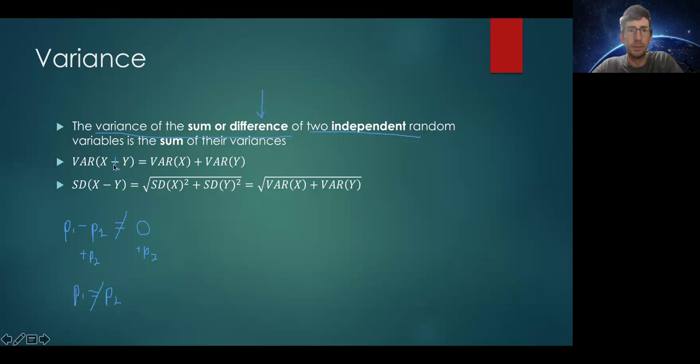Whether you're adding them together on the inside or you're taking the difference on the inside, the variance of the sum or the difference of X and Y can be broken out into the variance of X by itself plus, right, the sum plus the variance of Y. And this will be very helpful for us, right?